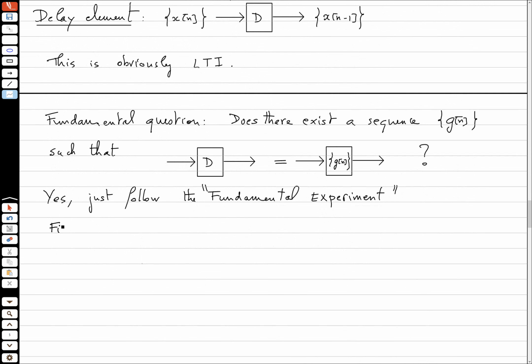The fundamental experiment is the three steps I showed you. The time shift one does not appear there. Find the impulse response of this.